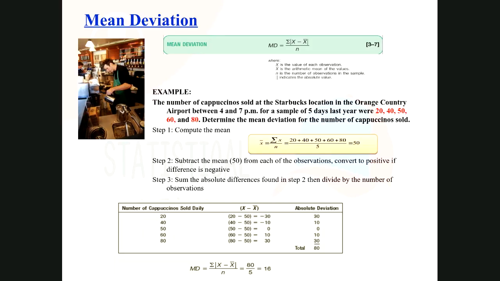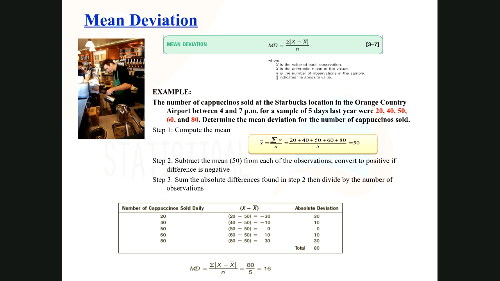So an example, mean deviation. The number of cappuccinos sold at the Starbucks location in Orange County Airport between 4 and 7 p.m. for a sample of 5 days last year were 20, 40, 50, 60, and 80. Determine the mean deviation for the number of cappuccinos sold.